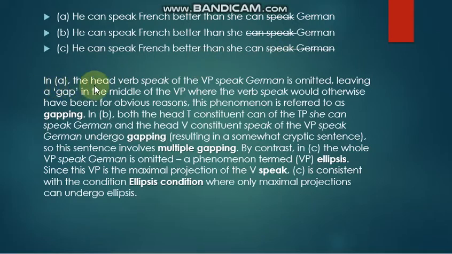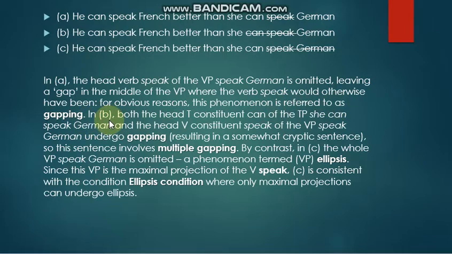In sentence A, the head verb speak of the verb phrase speak German is omitted, leaving a gap in the middle of the verb phrase where the verb speak would otherwise have been. For obvious reasons, this phenomenon is referred to as gapping.